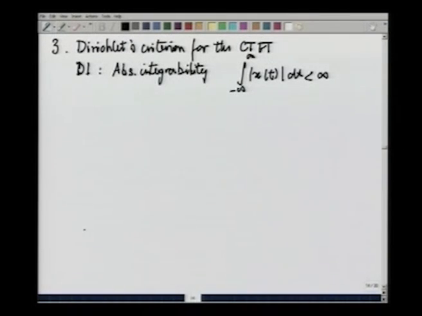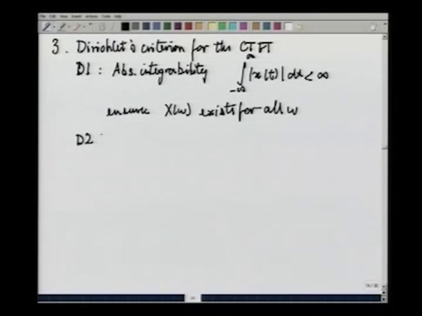This absolute integrability ensures X(omega) exists for all omega. But there are other criteria. Absolute integrability will ensure that X(omega) exists, but it goes further than that.